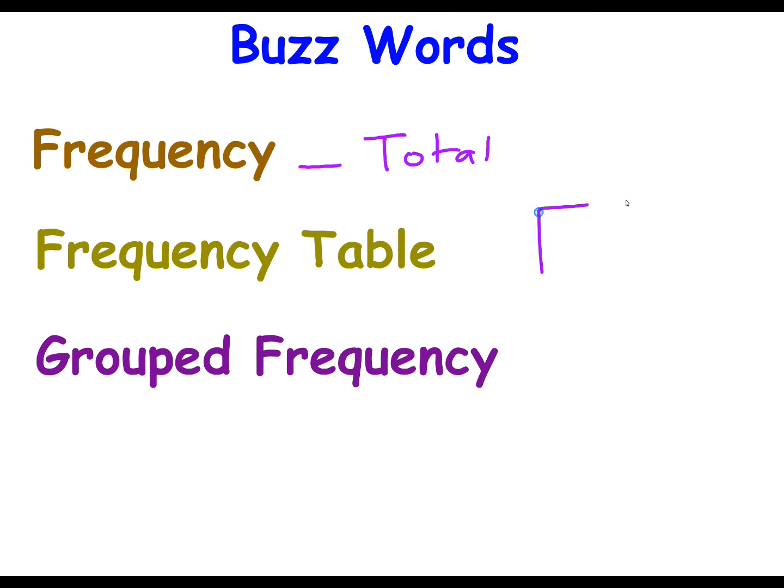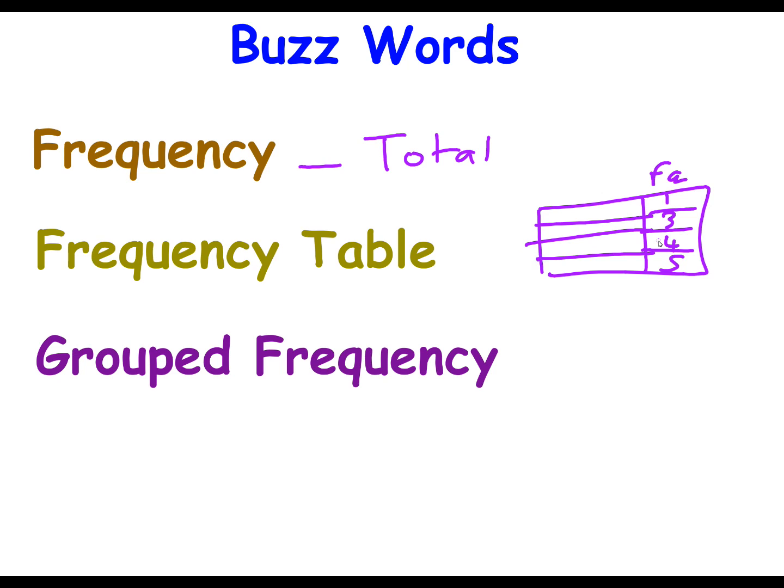A frequency table is where our last column is a count of the things that we're doing our survey on and collecting information on. And grouped frequency is where, instead of listing every single number, we can group the information we're collecting to have a much shorter list of information.